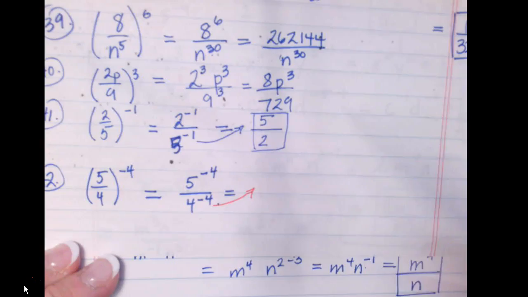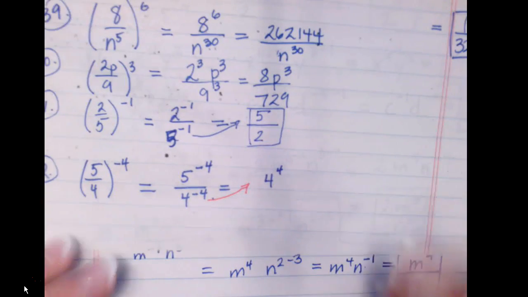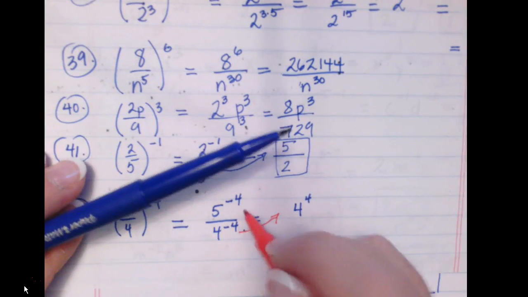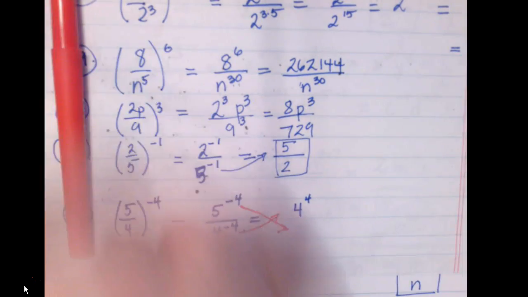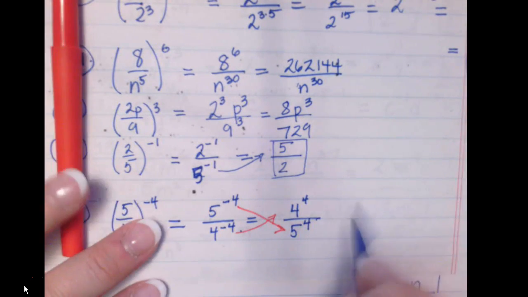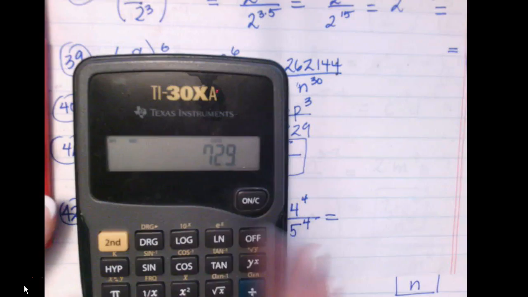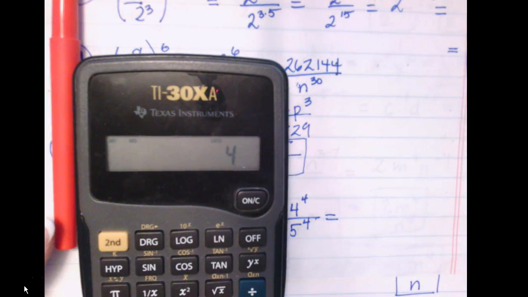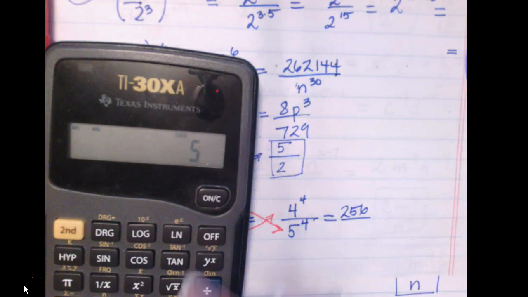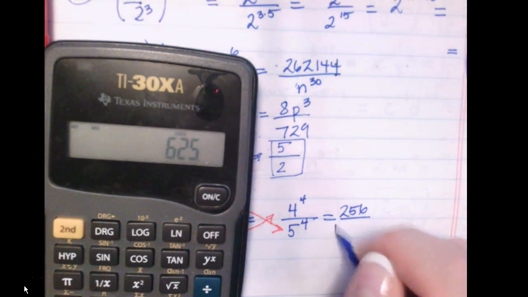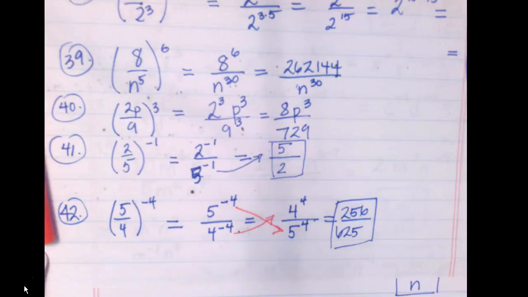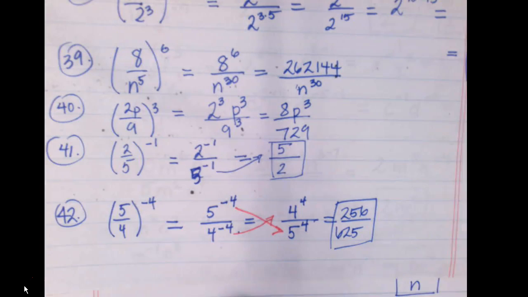I'm going to move it to the top, and once I move it to its reciprocal location, I am going to drop the negative sign, and then 5 to the negative 4th, once I move it, it's going to lose its negative sign. So 4 to the 4th is 256 over 5 to the 4th is 625. So that is my final answer for that one, and that was number 42. So you are finished.